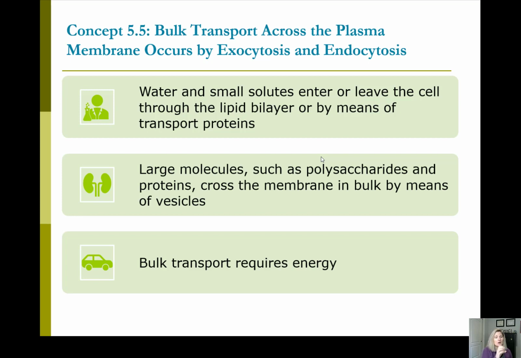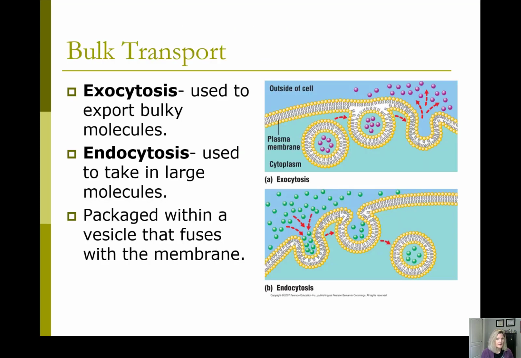So instead, it's going to cross the membrane by having the membrane pinch off around it and encapsulate it in a transport vesicle. And in order for this to happen, we do need some energy. So exocytosis and endocytosis are forms of active transport. Okay, so let's take a closer look at this process with a nice visual.